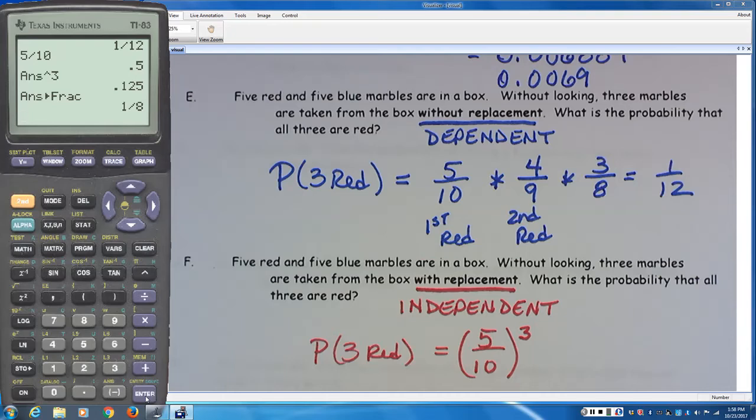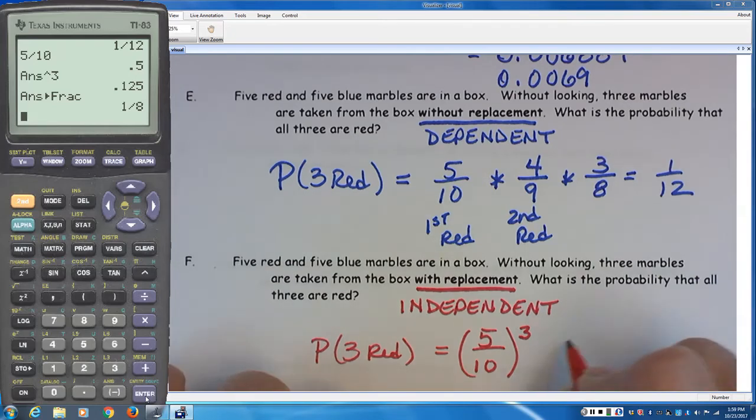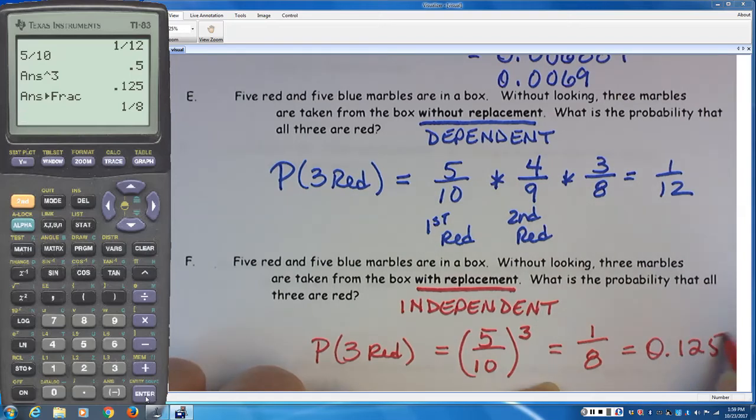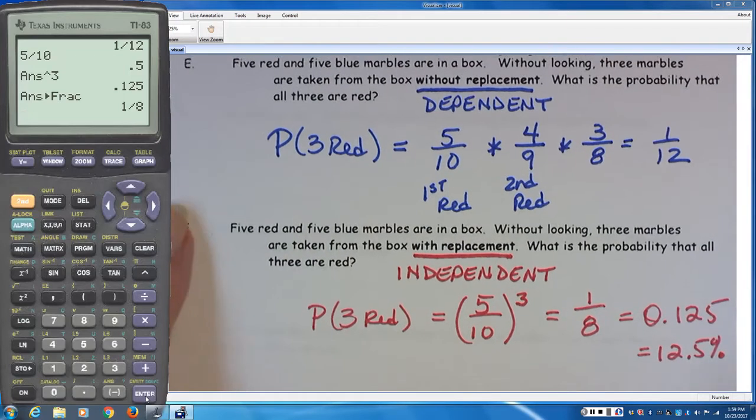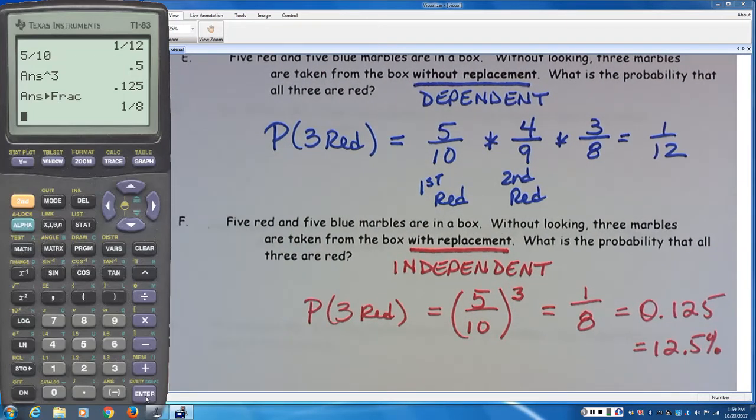So it's 0.125 or 1/8. So we're doing okay so far?